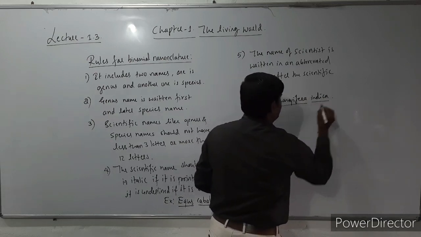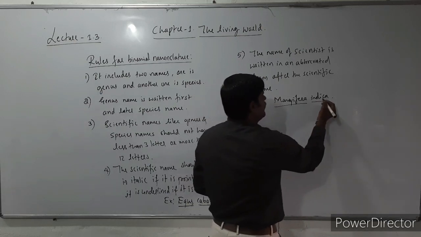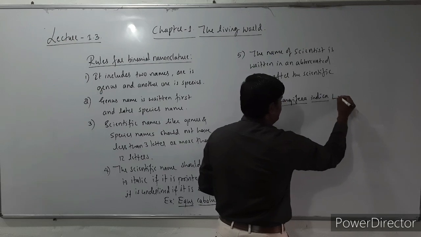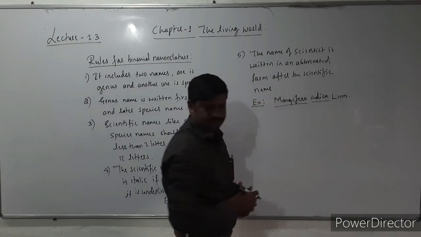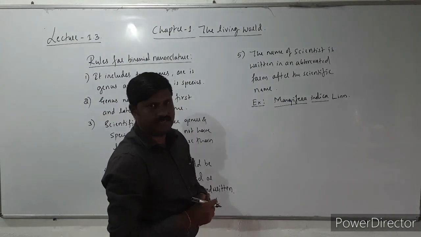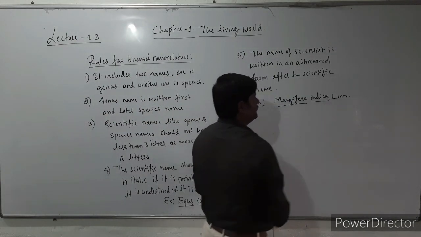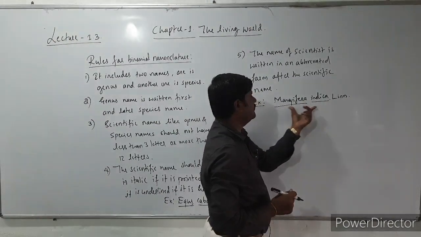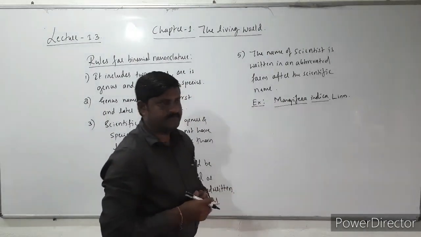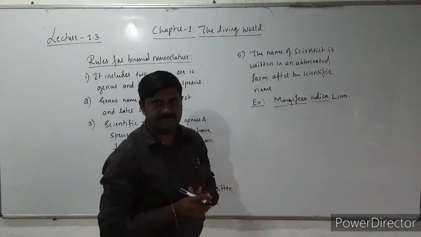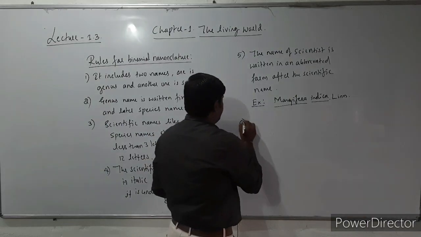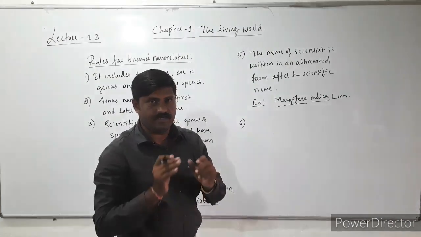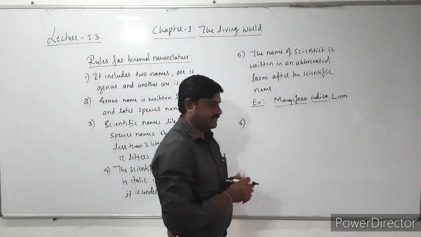It should be underlined. After this scientific name, we have to write here LINN. What does it indicate? It is the abbreviated form of the name of the scientist, which is written after this scientific name, right? So this is rule number 5. And rule number 6, scientific names should be in Latin.